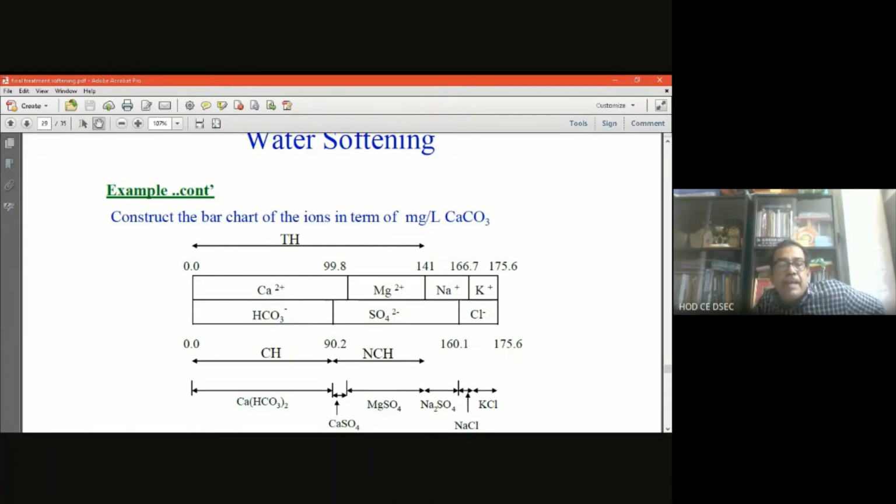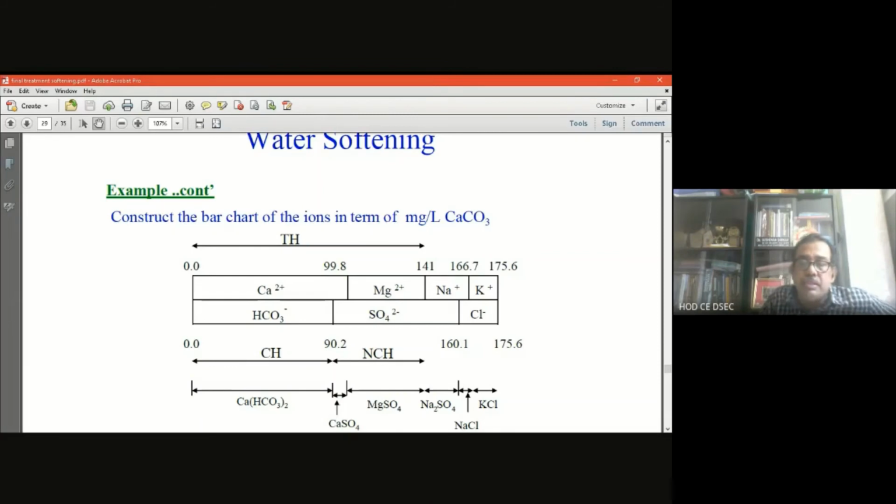Now you see the bicarbonate, which is responsible for the temporary hardness, and after that the sulfate and chloride, which are responsible for the permanent hardness, but the total hardness ends at 141 itself. So the carbonate hardness is 90.2, and the non-carbonate hardness ends at the 141 figure, with the sulfate and chloride ions in excess.